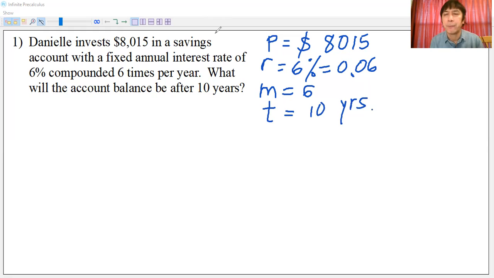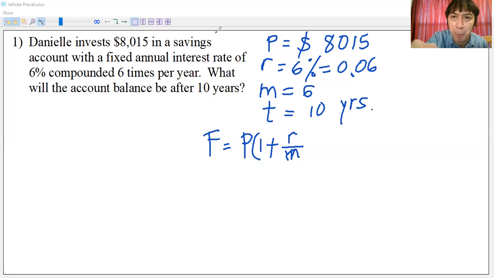Okay, our formula for final value, F, is equal to present value times the quantity 1 plus rate of interest per year divided by number of compounding periods, this will be M, close parentheses, raise to the power, the product of M and the time.